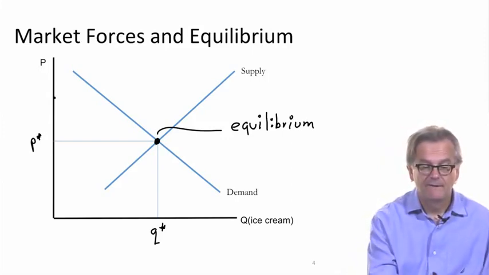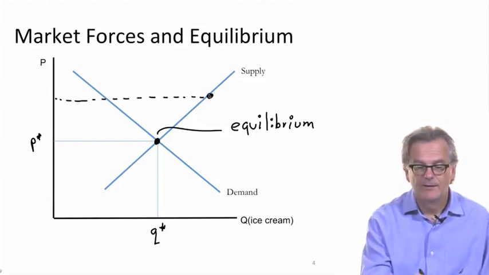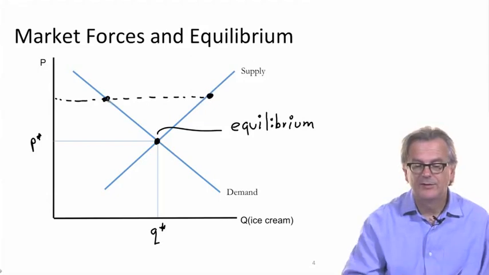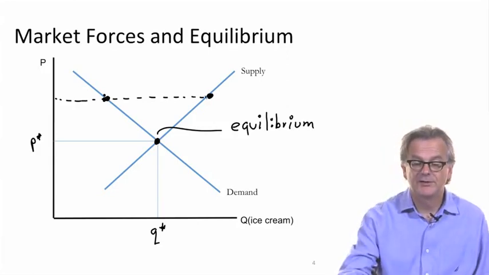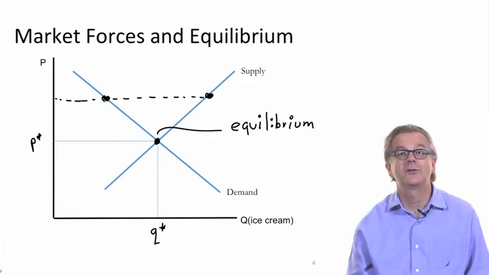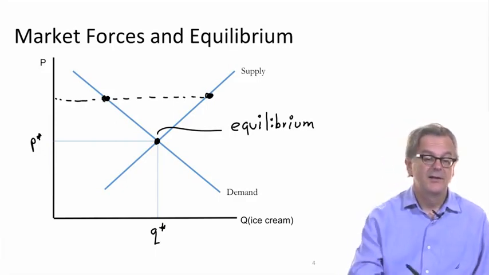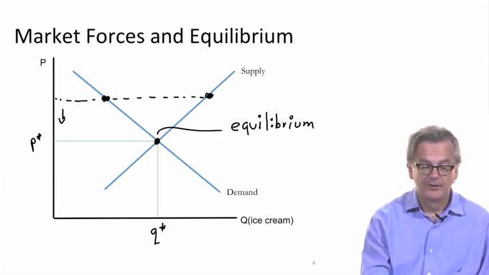Should there be what's called an excess supply, so that a price is established where firms, ice cream sellers in this instance, want to put lots and lots of ice cream on the market, but the price is so high that consumers don't wish to purchase lots and lots of ice cream, then market forces will lead to that price falling.